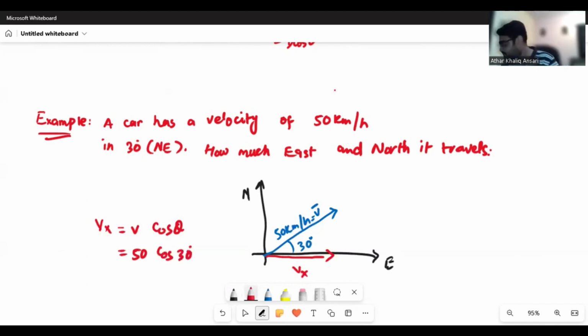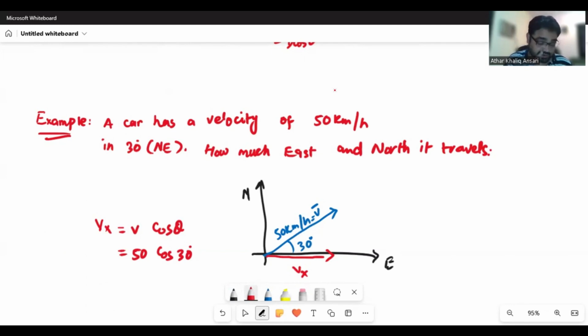When we are going to find 50 times cosine 30, you need to hold your calculators, and in the calculator you need to write the value of cosine 30 and multiply it with 50. So let me try it. I wrote 50 times cosine 30.